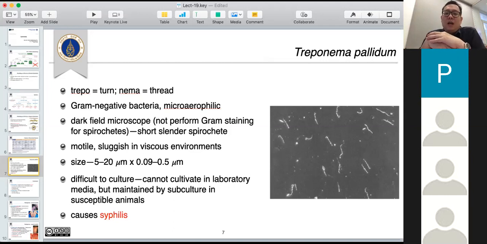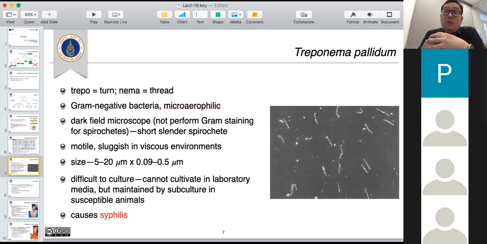Almost all spirochetes, including Treponema pallidum, are difficult to culture in the media, the synthetic media or whatever, artificial media. So the way that we maintain Treponema pallidum in the lab, we need to infect Treponema in a susceptible animal.